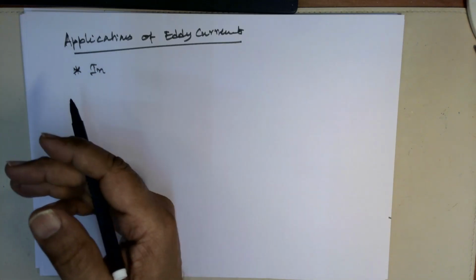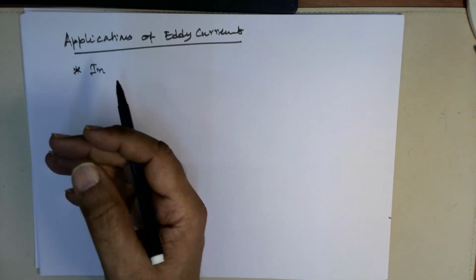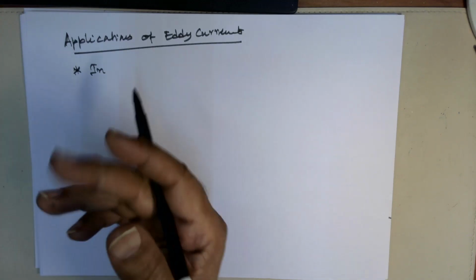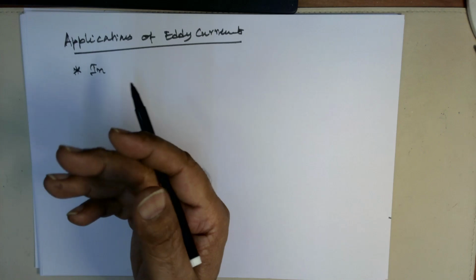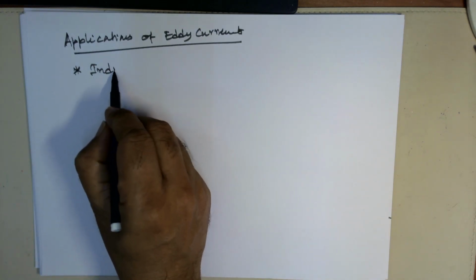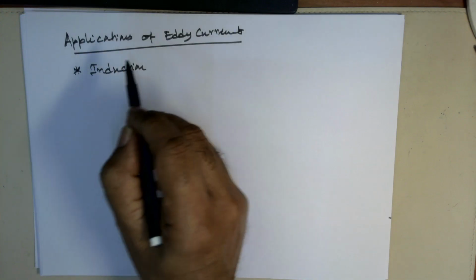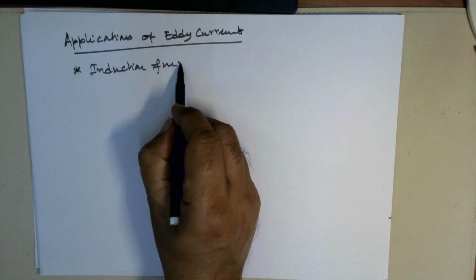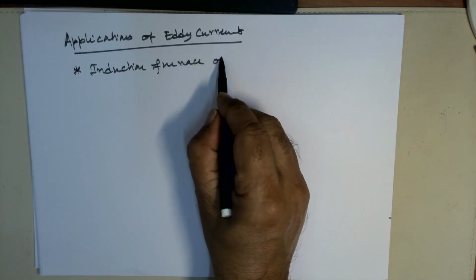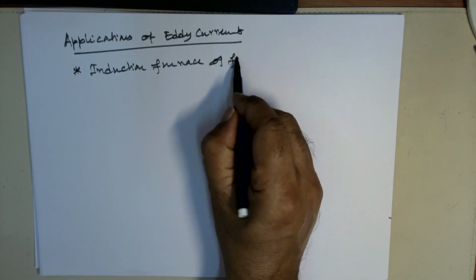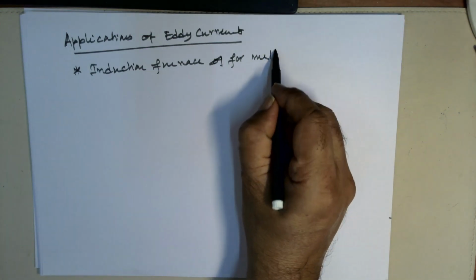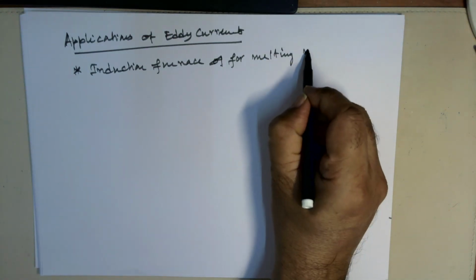So this eddy current effect can be used as a heater. And that is why we got induction stove and then induction furnace. Okay, take down. So induction furnace, especially for melting metals.